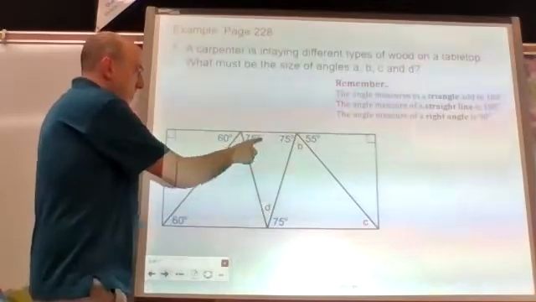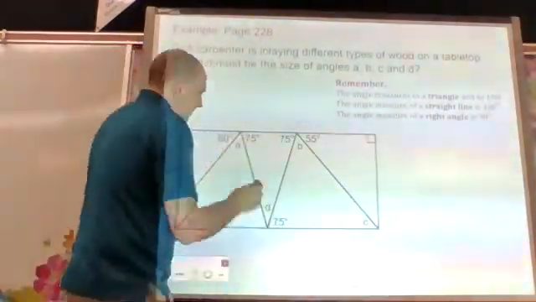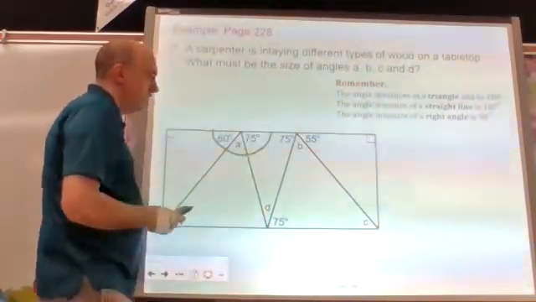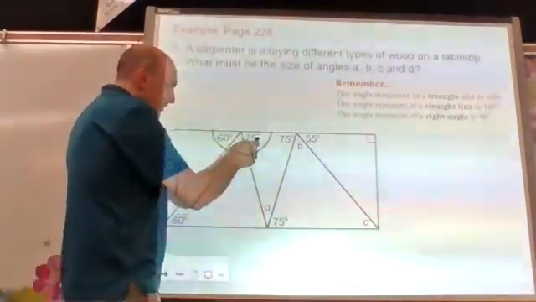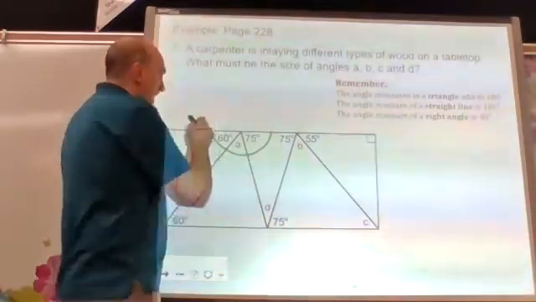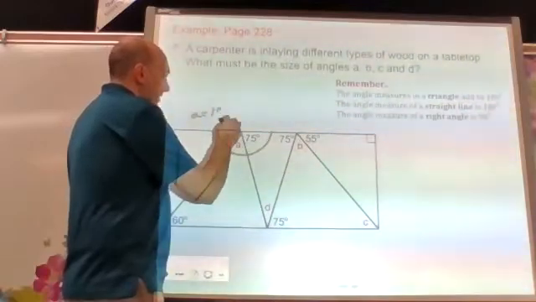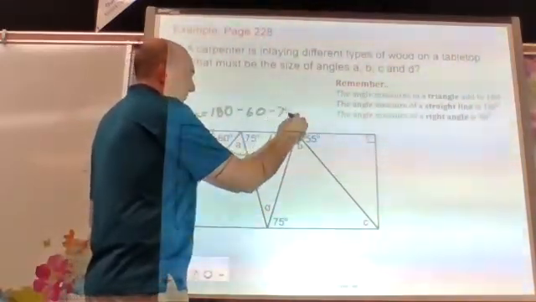Well, let's start with the very beginning, the first letter, A. If we look at this angle from here to here, we've got a straight angle. We've got a straight line, which means that all of these angles that make up this straight angle have to add to 180. So A equals 180 minus 60 minus 75.